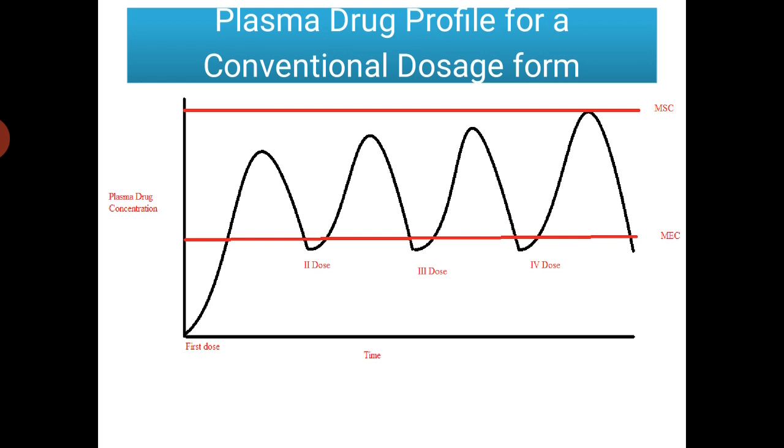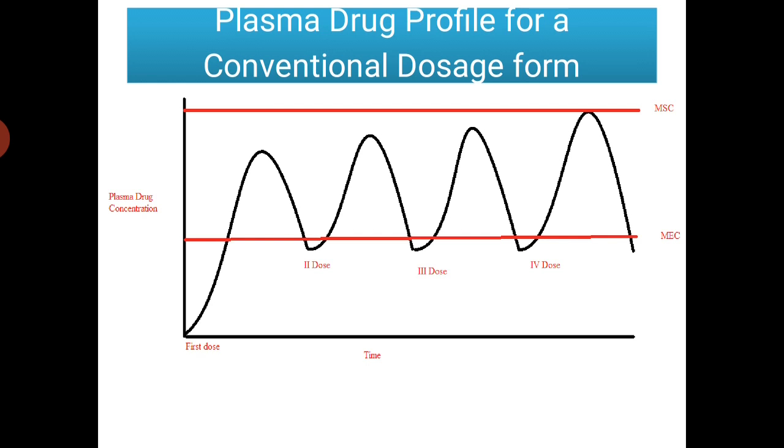It goes high, it attains a peak value, that is the Cmax, and it slowly reduces in the elimination phase. Once in the elimination phase, it comes below the minimum effective concentration. Once it reaches the minimum effective concentration, we administer a second dose of the drug molecule. The second dose again slowly absorbs into the systemic circulation.